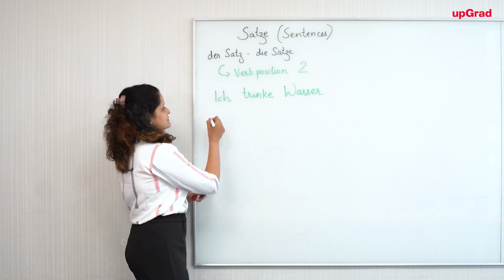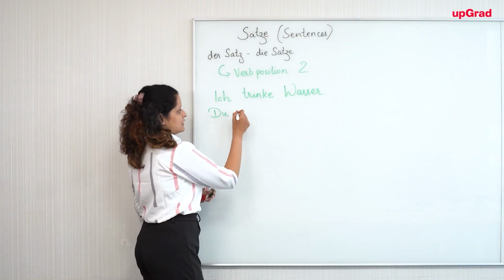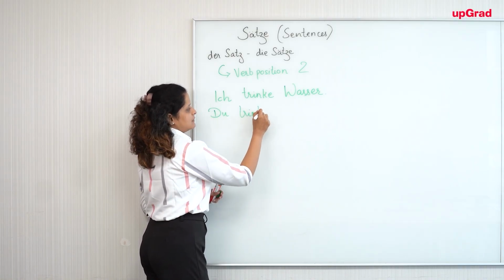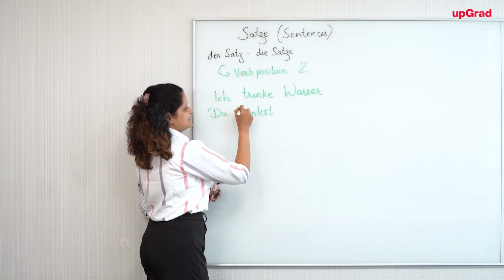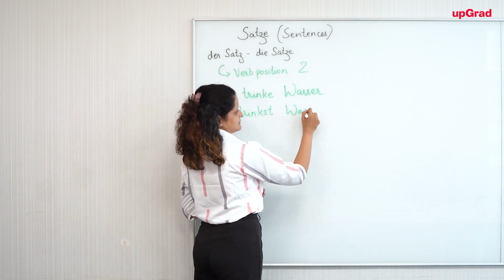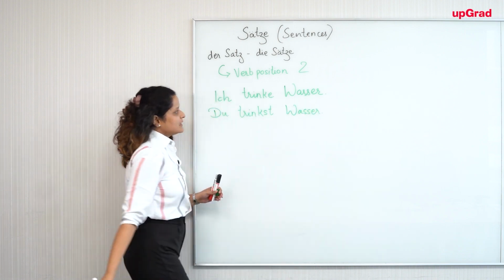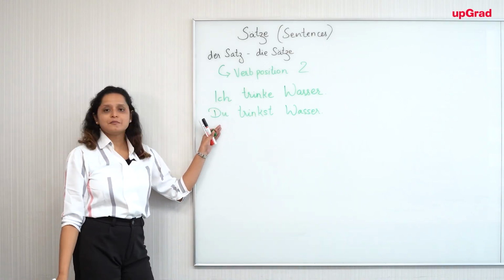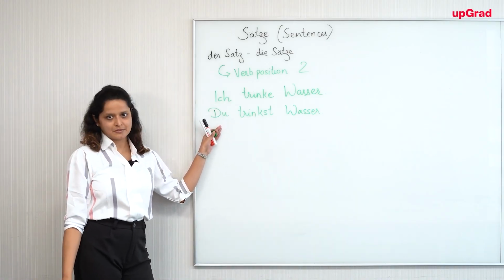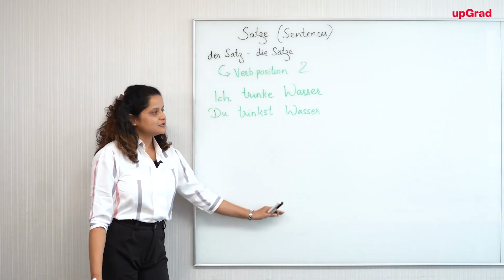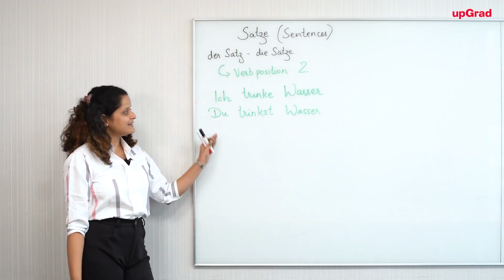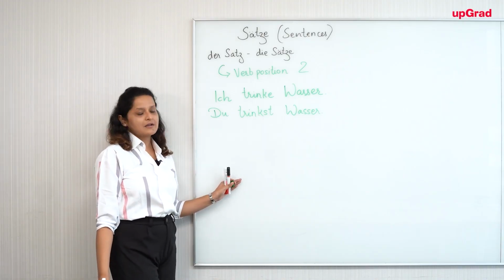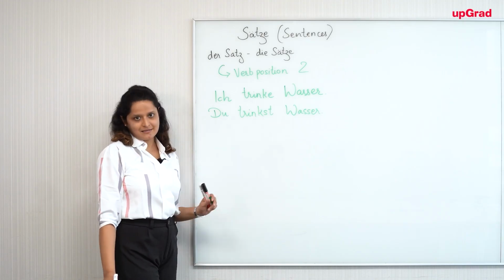The same sentence can be made with du. So say for example, du trinkst Wasser. Okay, the same sentence, but I am using it for a second person. So the entire conjugation that you have learned can be used in such a manner to make complete sentences.